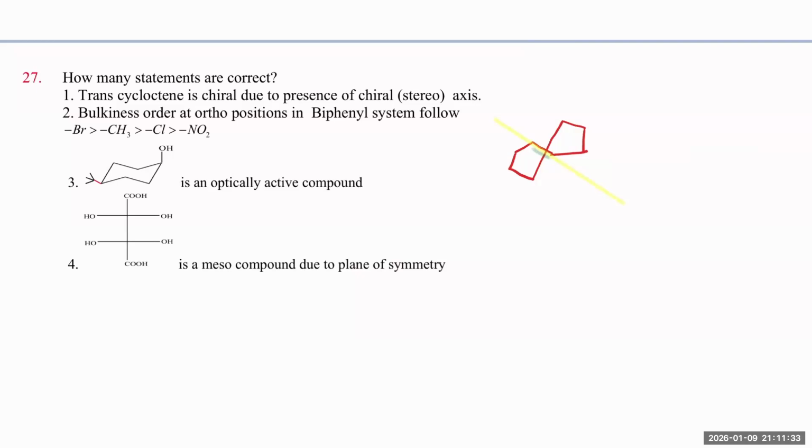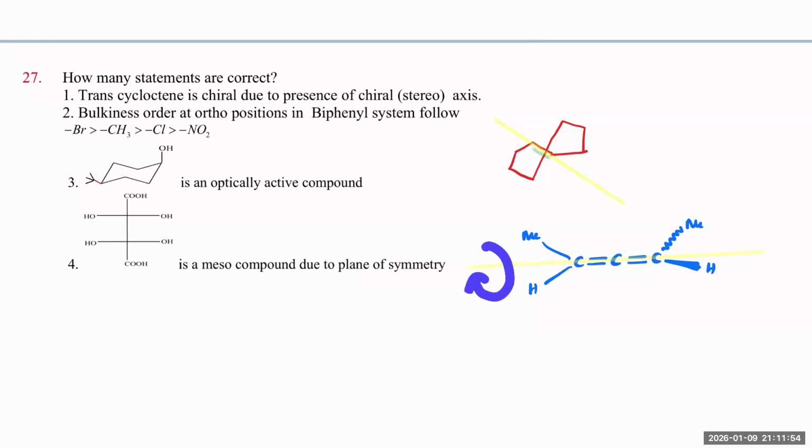For example, if you have C double bond C double bond C, here I have, let's say, methyl and hydrogen, and here if the methyl goes in and hydrogen comes out, in such a case also, this particular axis is also called a chiral axis.